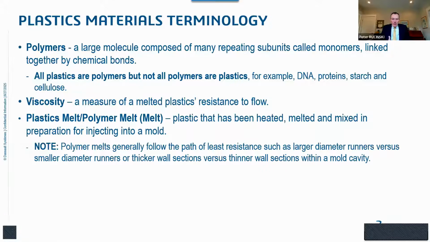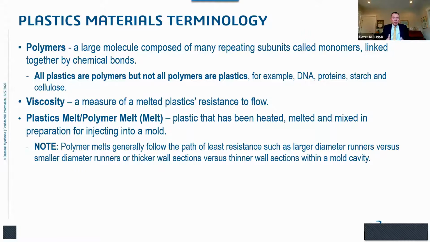Kind of a fun fact, polymer melts generally follow the path of least resistance. It's a really important thing to be aware of or to understand in the world of injection molding. And those paths of least resistance, if we're talking about the runner system of the mold, that would be larger diameter runners versus smaller diameter runners, or when you get inside the mold cavity, thicker wall sections versus thinner wall sections.